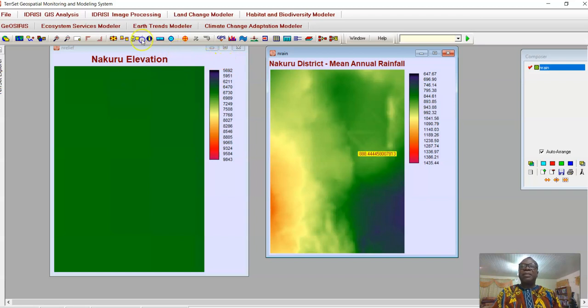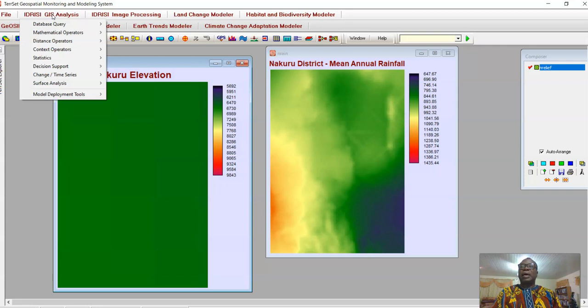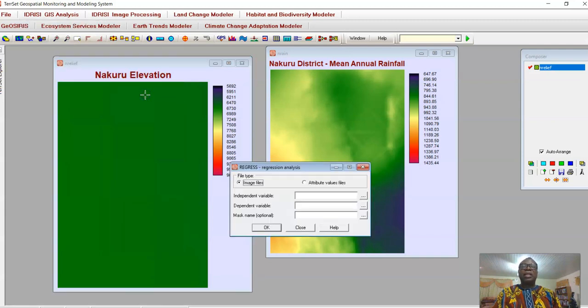So if you have these images, then you can go to mathematical operator and statistical operator. You go to regress. Regress means you want to do regression analysis, and you can do linear or multiple regression analysis.